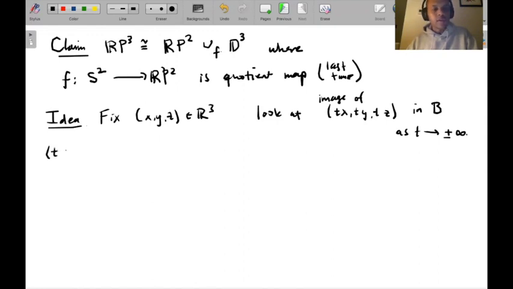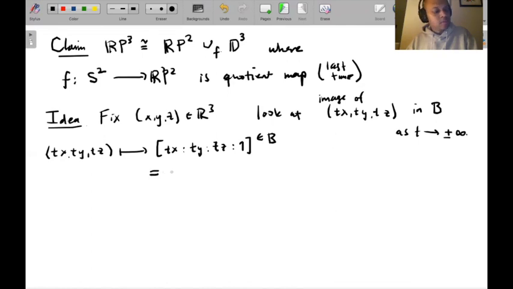So tX, tY, tZ, according to the map, maps to the point tX, tY, tZ, 1 in B, which is equal to, let's rewrite this, x, y, z, 1 over t.